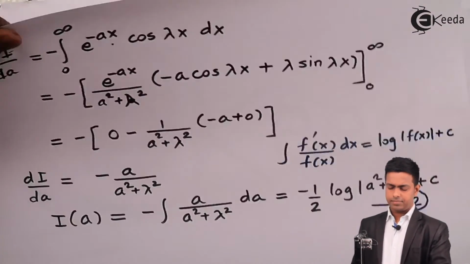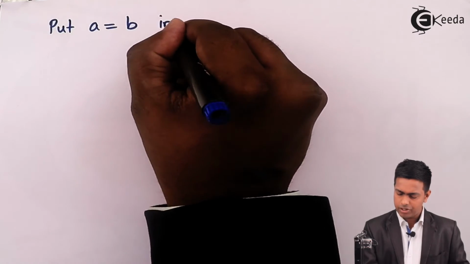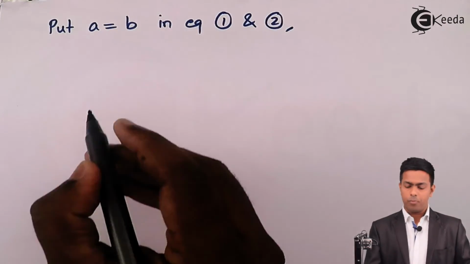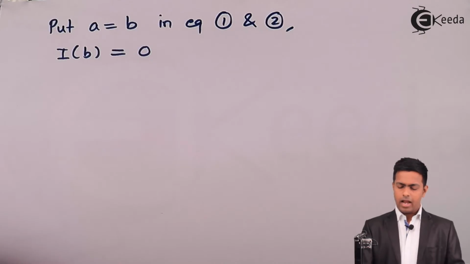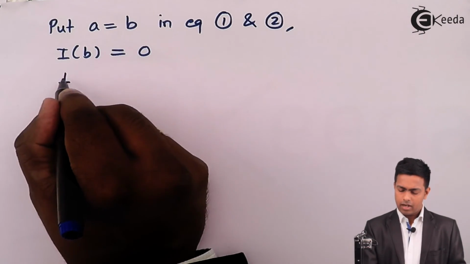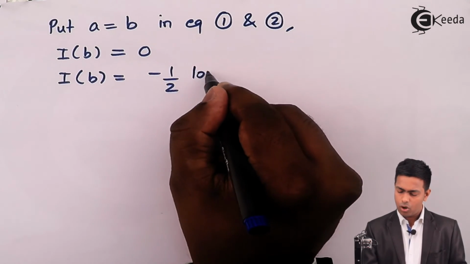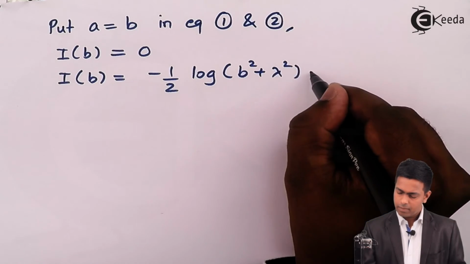Here I'll say put a equals to b in equations 1 and 2. From 1 we will get I of b equals to 0, and from 2 we will get I of b equals to minus half log of b square plus lambda square plus c.